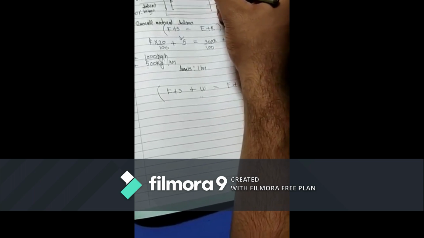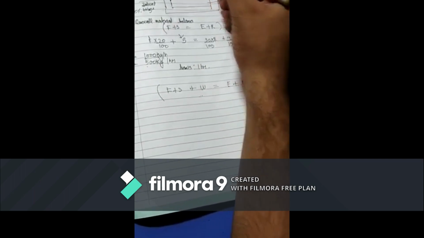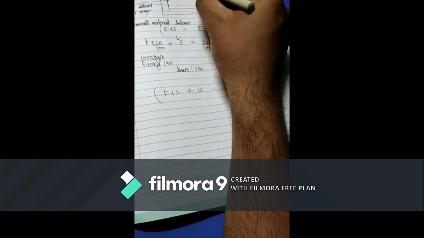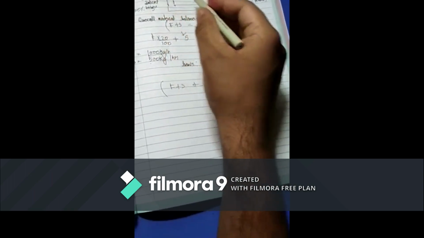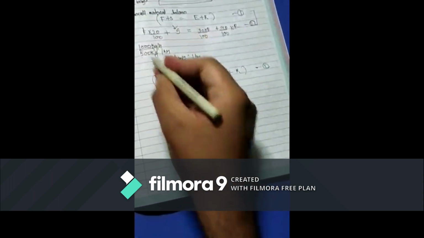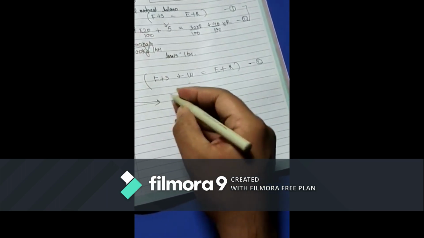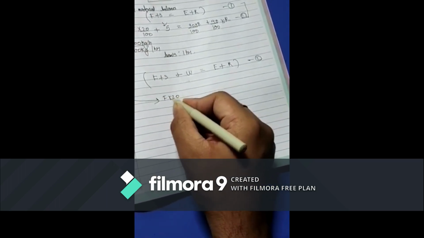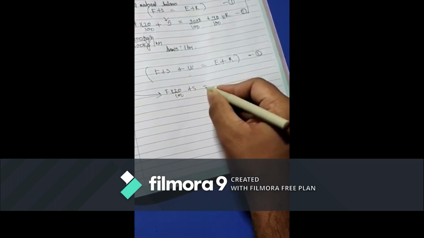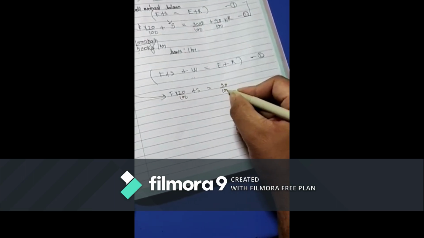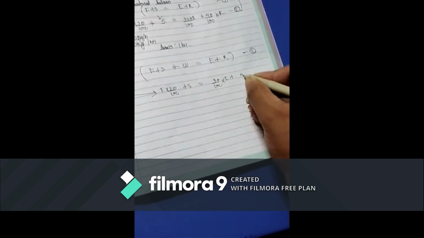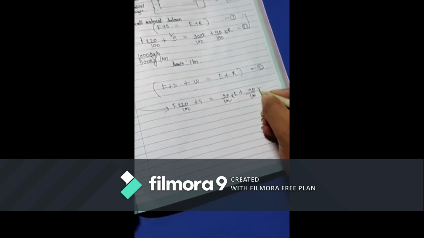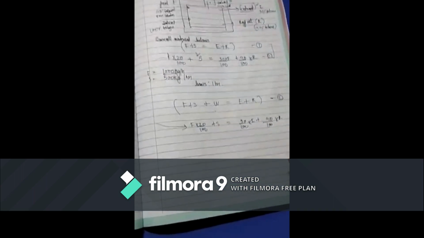W is totally water, so you won't include this part here. Again, this equation will be the same: F into 20 by 100 plus S is equal to 30 by 100 into E plus 40 by 100 into R. Again, two equations, two variables, you can solve it easily.